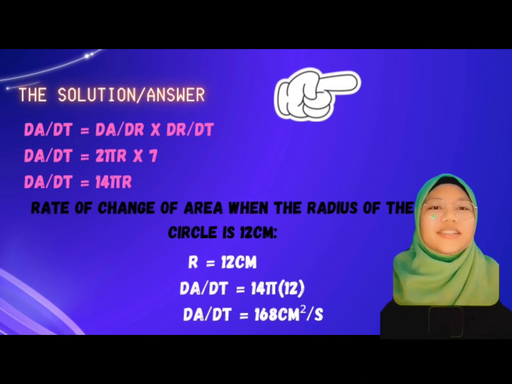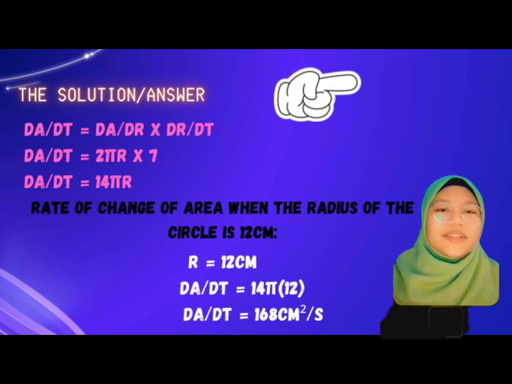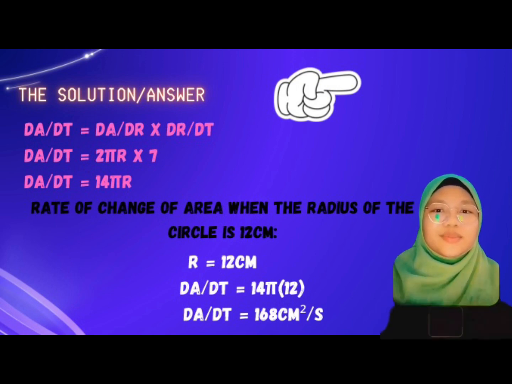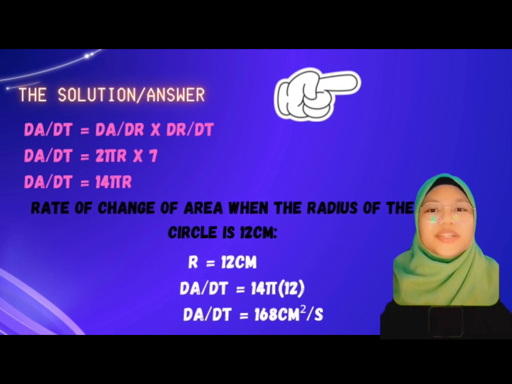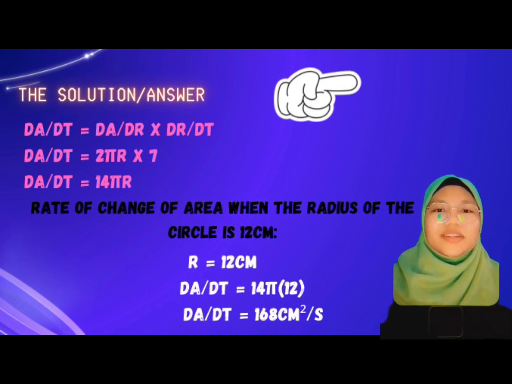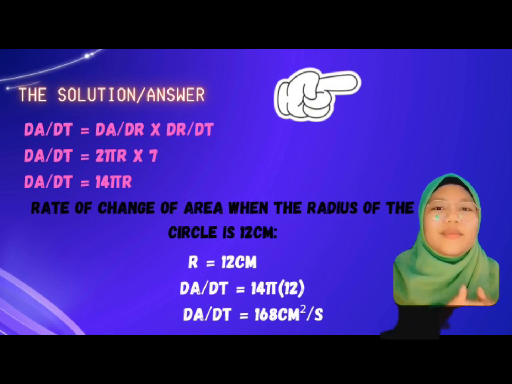If you want to find dA per dt, you need to multiply the equation just now with the other equation, meaning 2 pi r times 7. So you get the answer 14 pi r.